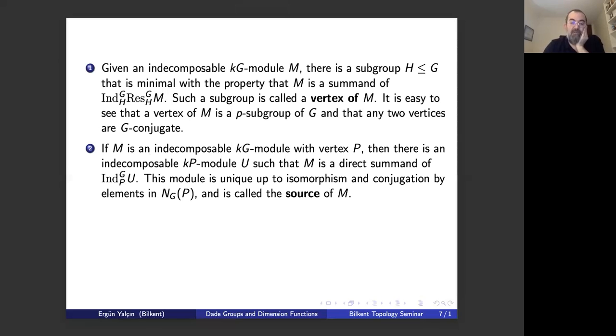Now, if you are dealing with an indecomposable module, then this induced module will be induced from an indecomposable module of some p-subgroup. This module that you're using to induce it is called the source. And again, it's unique up to actions of the normalizer and so on.